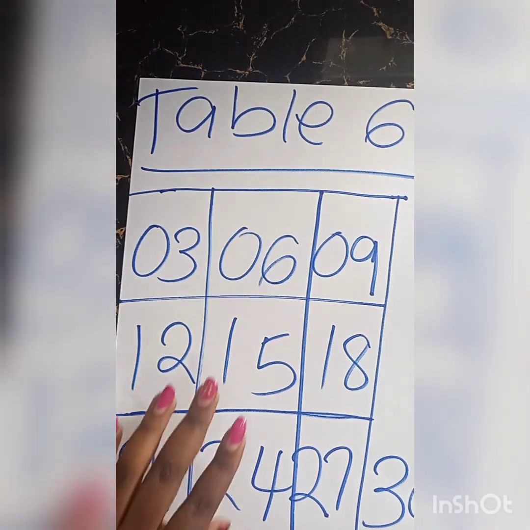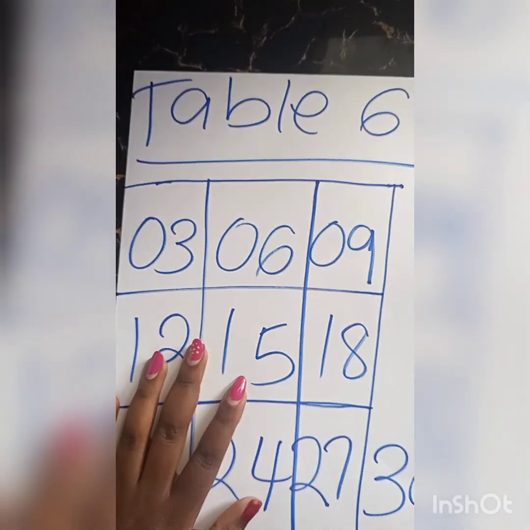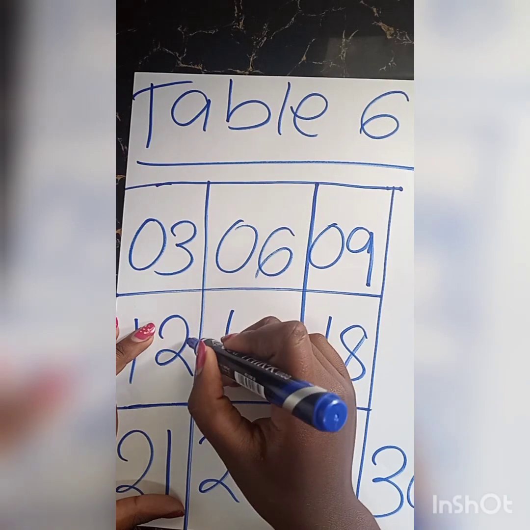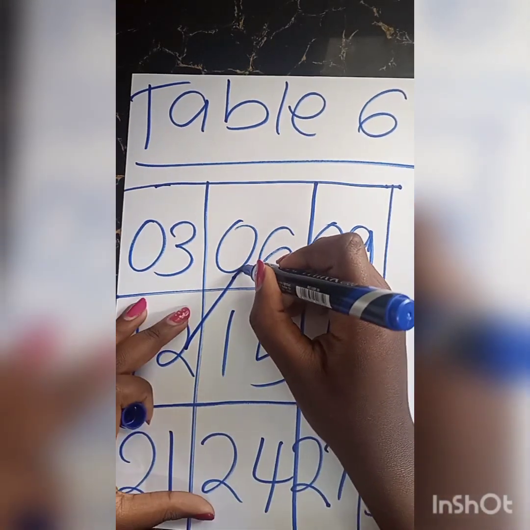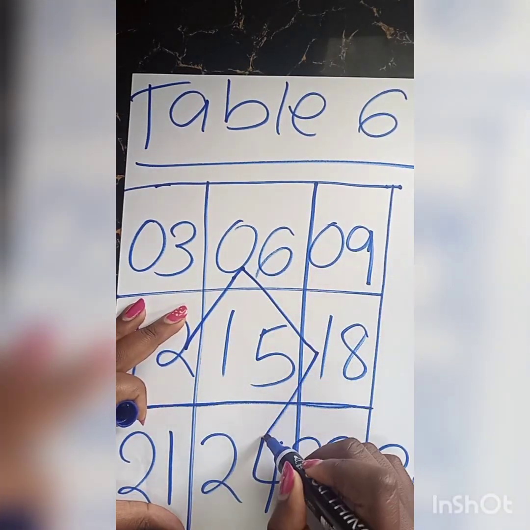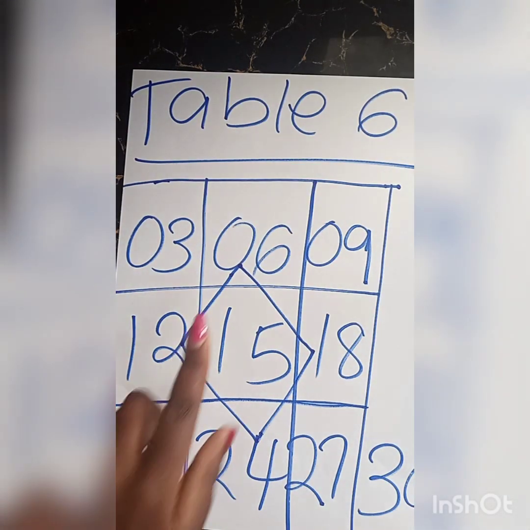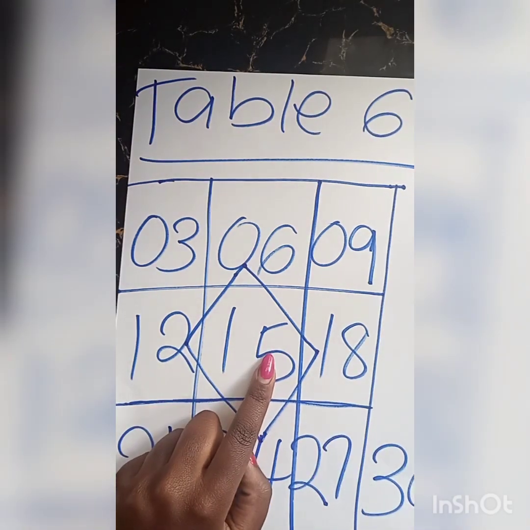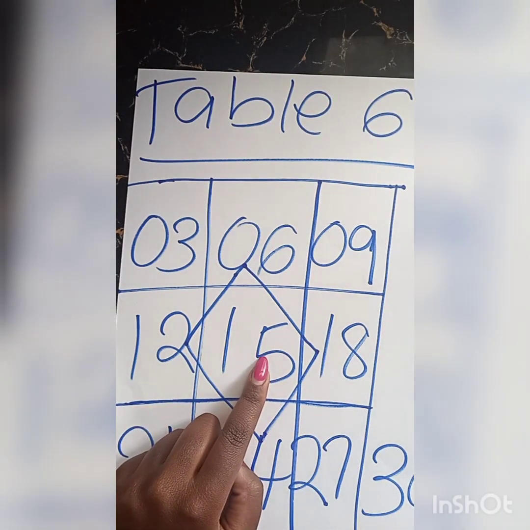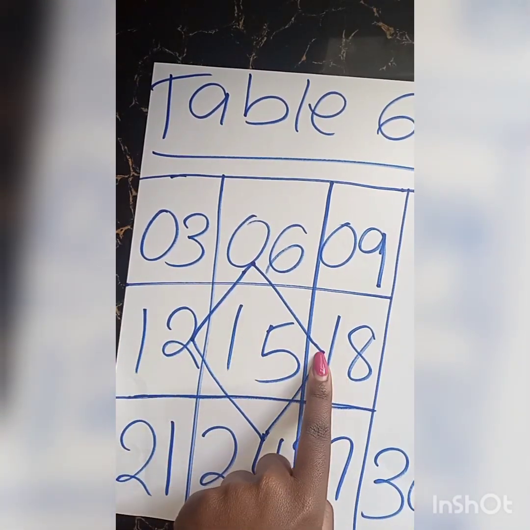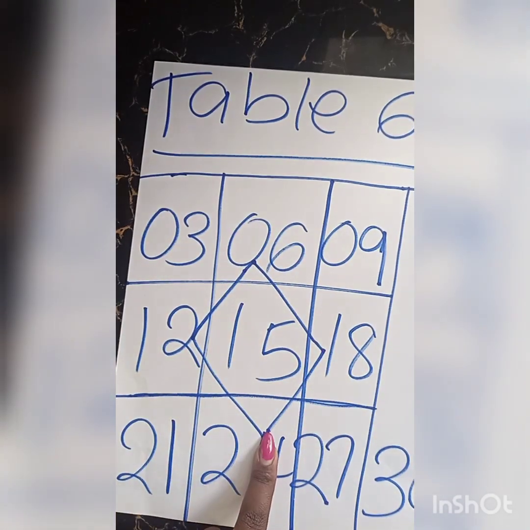When you draw a shape that looks like a diamond at the center for the first table, we'll realize that the shape will touch 6, 12, 18, and 24.